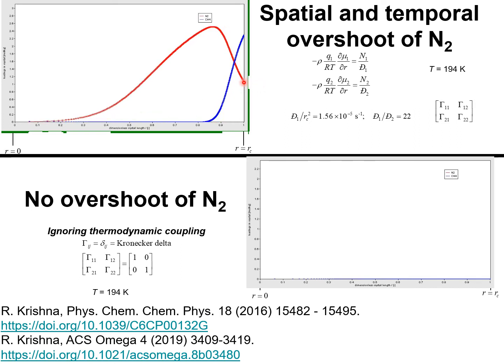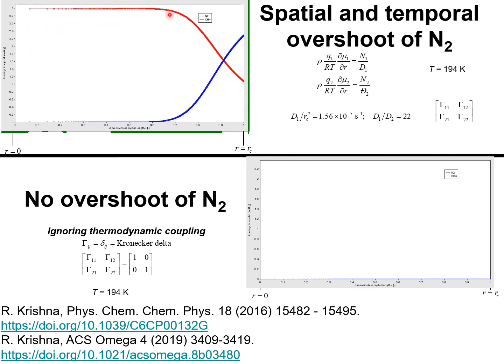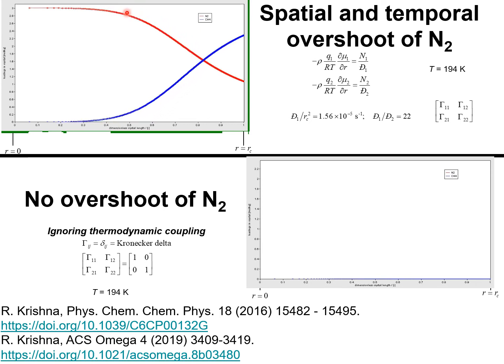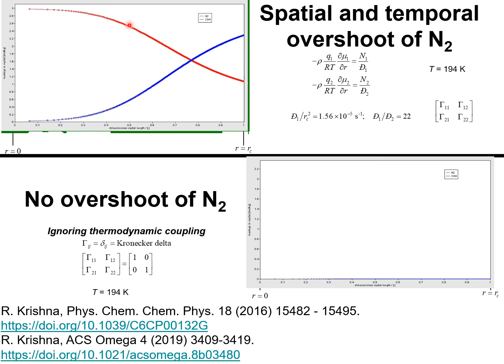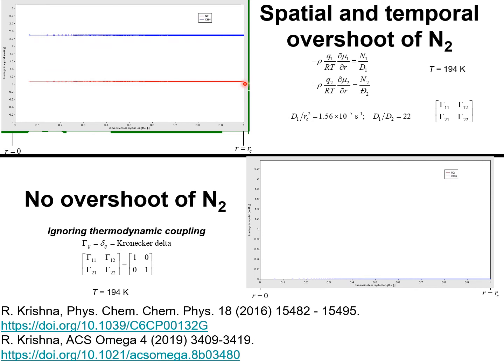Note that this is the loading at the surface, and the peak loading is significantly higher, and it diffuses much faster than methane. At this time, the maximum loading has been achieved, and the loading inside the crystal of nitrogen decreases finally to reach the value at equilibrium. So it undergoes overshoots as observed in the experiments.